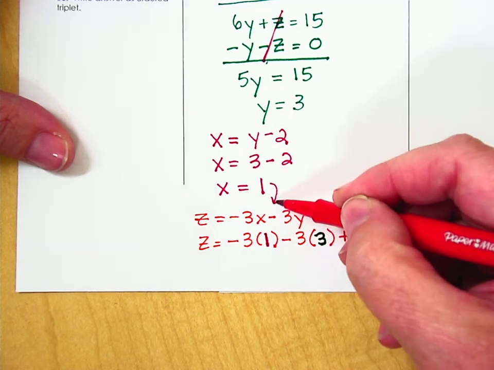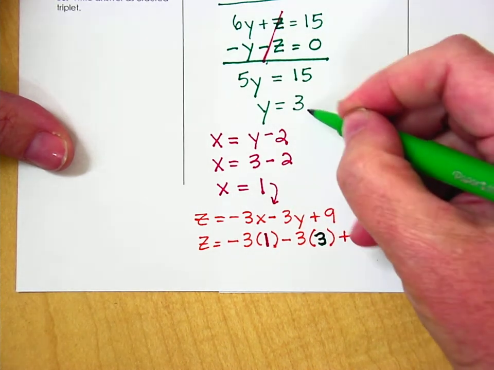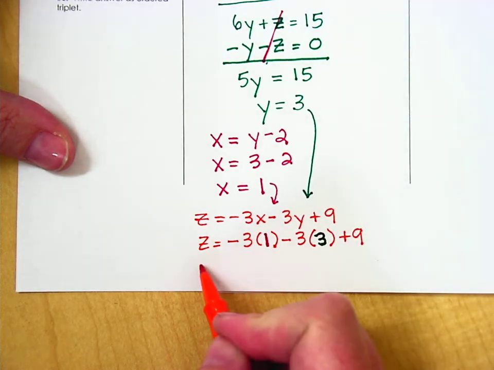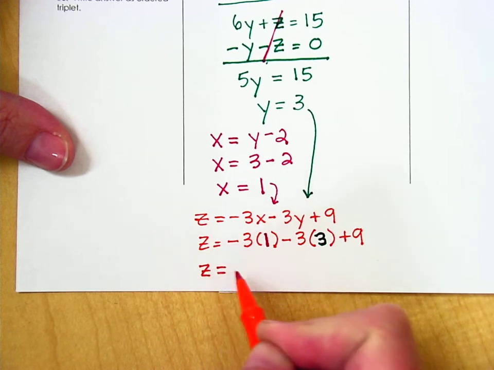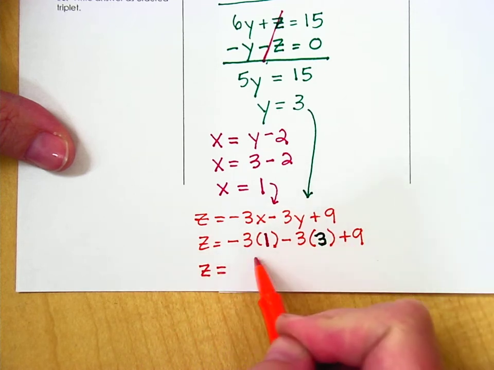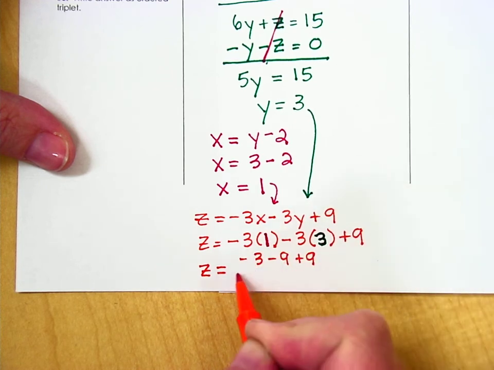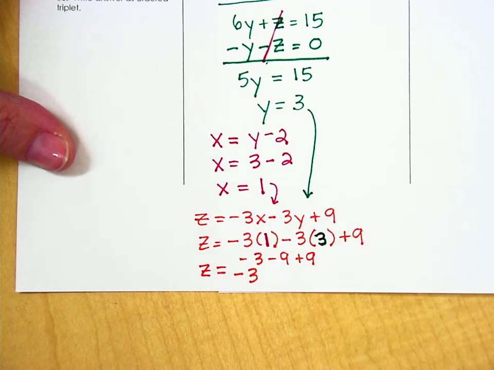Substitute and substitute. Then to get the final answer, I just need to do order of operations, and this becomes negative 3 minus 9 plus 9, so that cancels, so z equals negative 3.